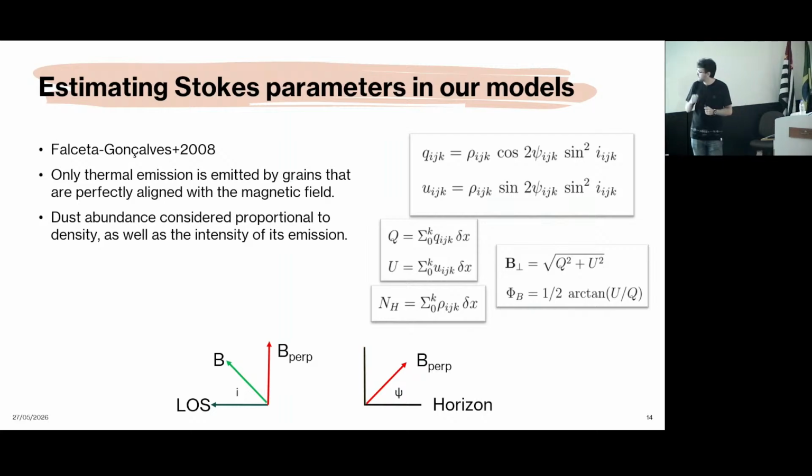We didn't even make any assumption of depolarization, which is something that happens, because dust alone will not be fully aligned in a real environment. So we should even consider that. This is a simple assumption to see the best scenarios.